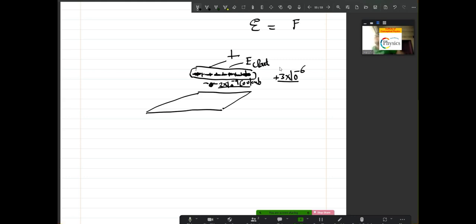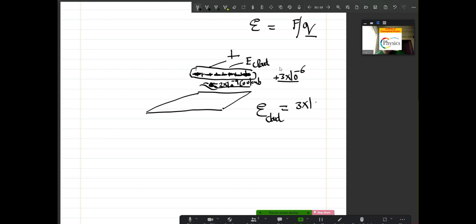Force experienced per unit charge by an external charge Q. What is your external charge? This one, the negative charge you placed. So let me calculate the electric field produced by the cloud.